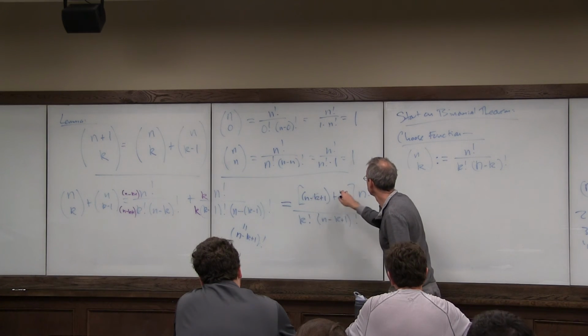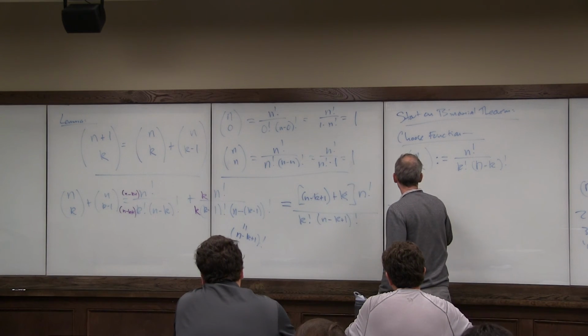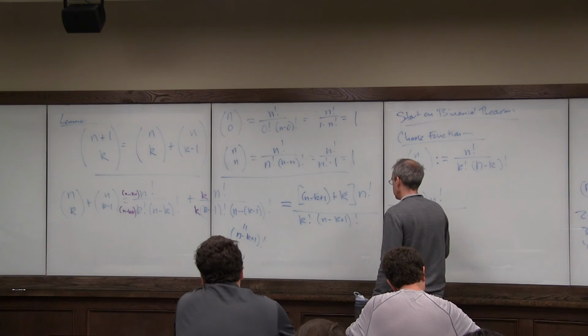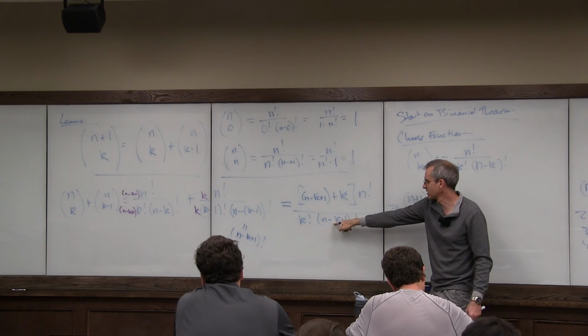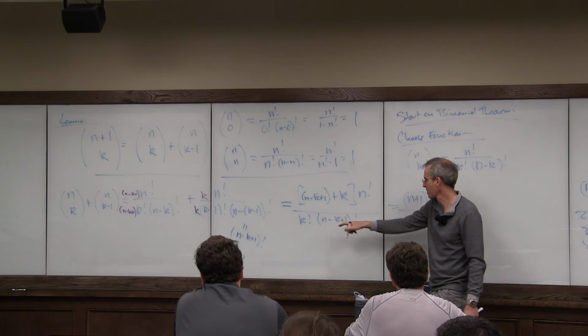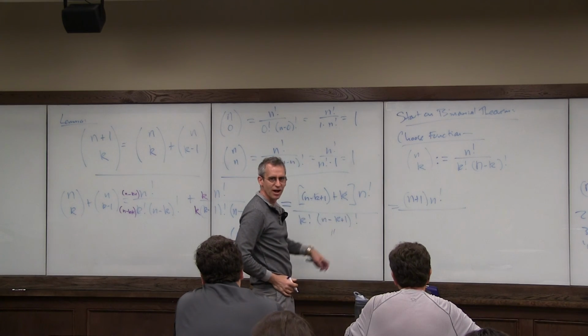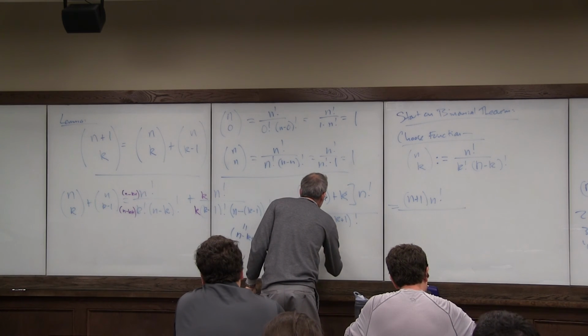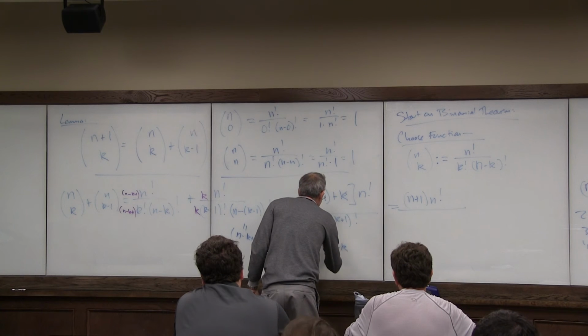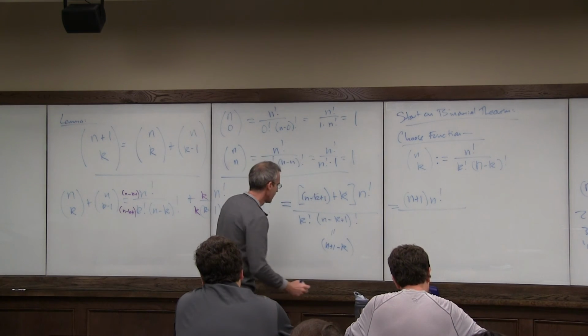Yeah, these cancel, and I get n plus 1 times n factorial over, and then you can rewrite that as n plus 1 minus k. That's the second time we've rewritten that little guy. So this is now n plus 1 minus k factorial.